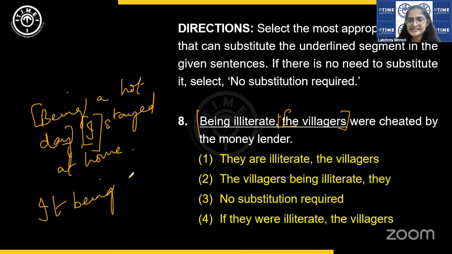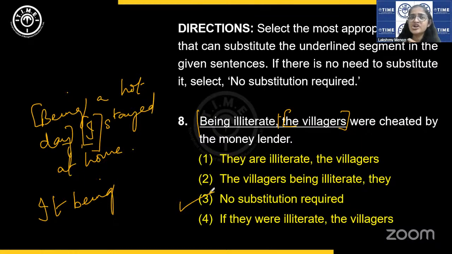But in the given sentence, who is illiterate? The villagers. And who were cheated by the moneylender? It is in passive voice. So the villagers were cheated by the moneylender. Both parts are about the same entity, that is the villagers. Hence, you are absolutely right. No substitution required.